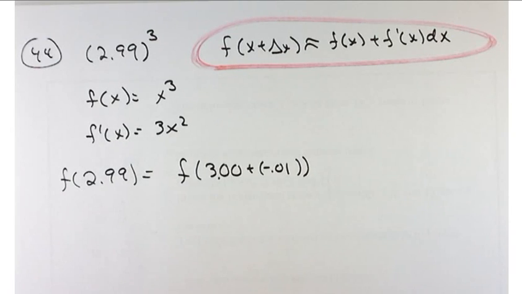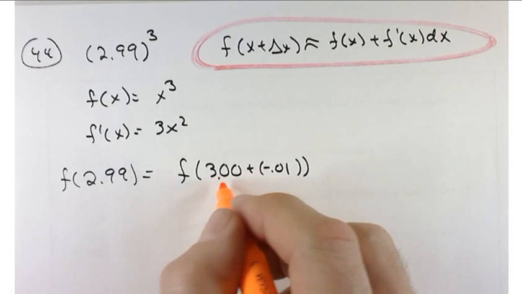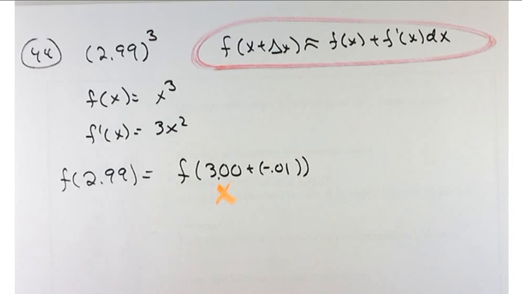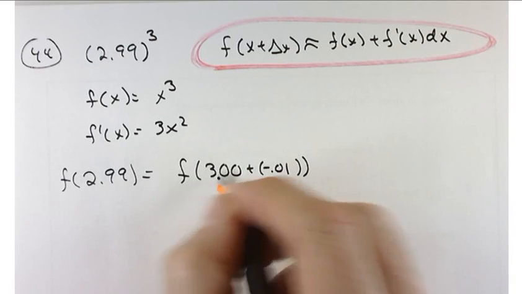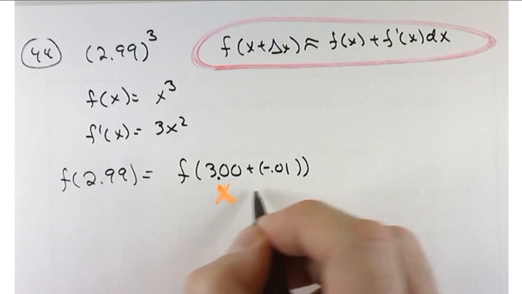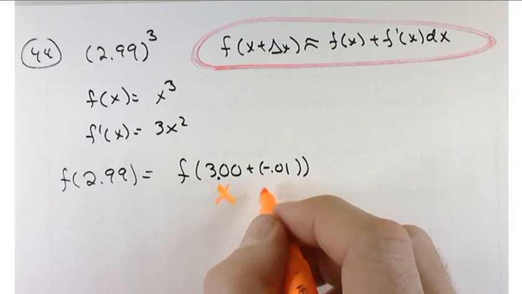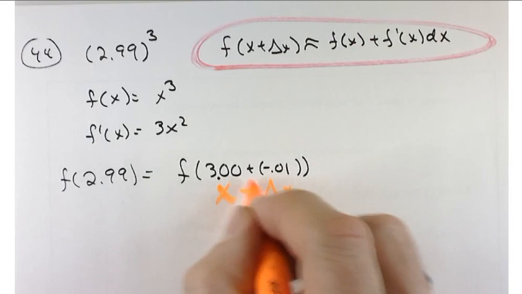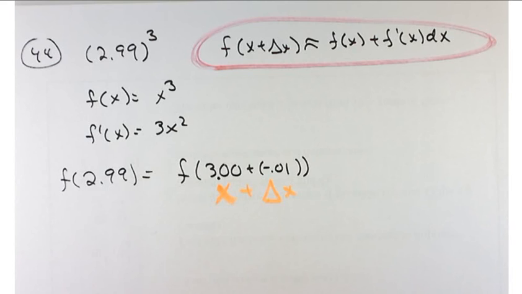Good. So this becomes your x, and here's your delta x right there. X is 3, delta x is negative 0.01.